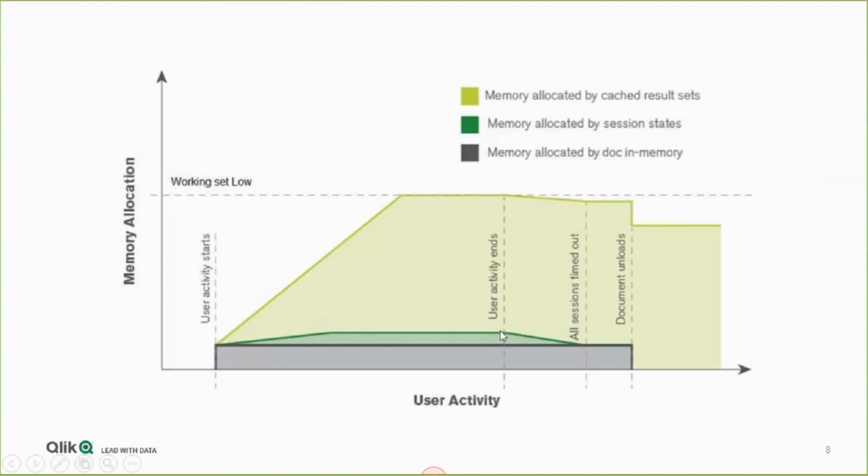And then as the session is over and times out, that memory goes down. If all sessions on a particular document time out, that memory portion goes down. But you see the cached selections and the cached result set stay the same. That's because we expect users to come back in later on the same document and do the same calculations. Those are what take time, and therefore we want to save you that time by keeping that information in memory.